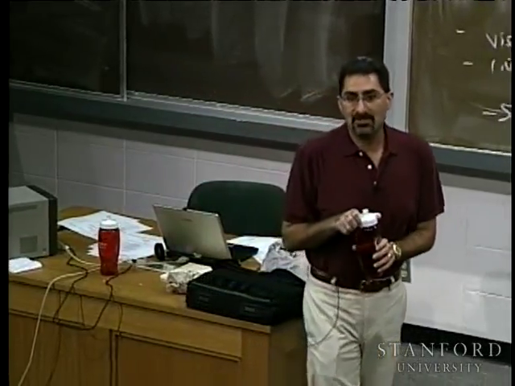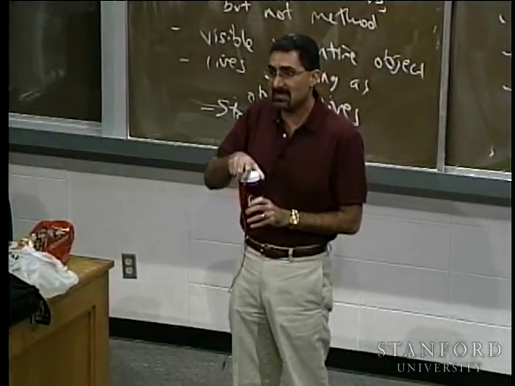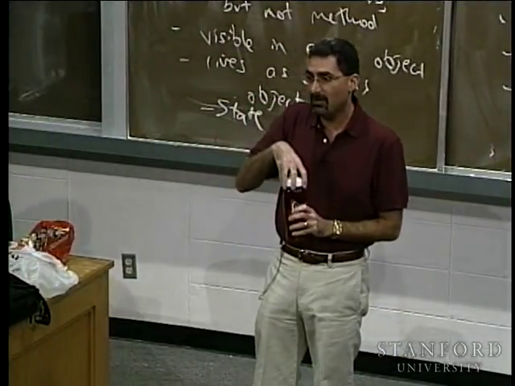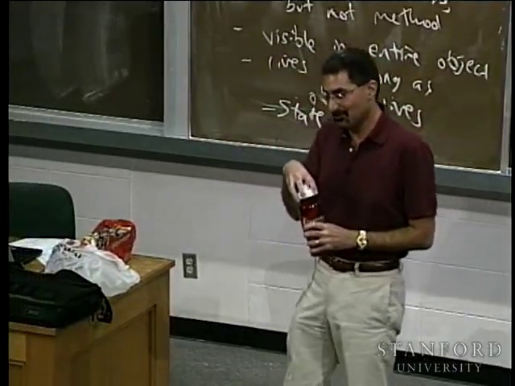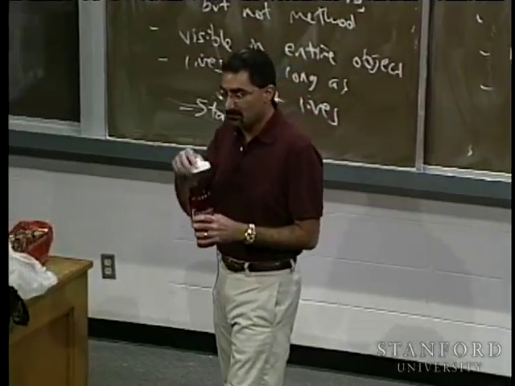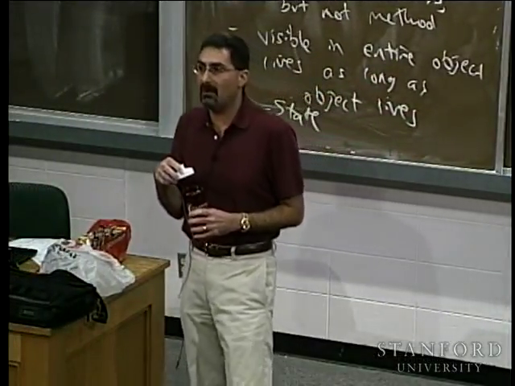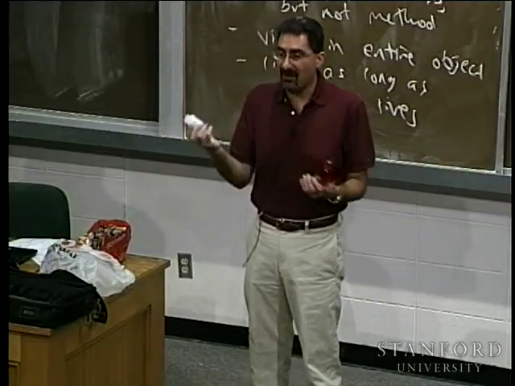If I do 4 rotations of the cap, so I have a for loop, 1, 2, 3, 4, the cap comes off. I needed an index variable to keep track of how many times I turn the cap on the bottle. But I don't care about the value of that index variable after the cap is off.